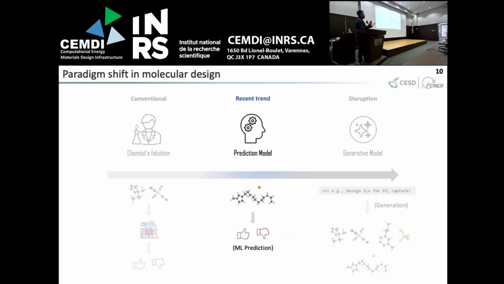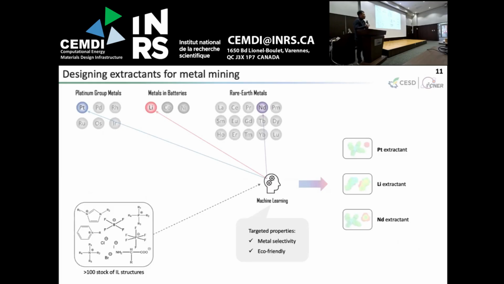So after I graduated, I saw the potential of machine learning to accelerate chemical design, especially for our target molecule, ionic liquids. Instead of working with just a few ionic liquid candidates, we designed more than 100 chemical structures that we believed would be very good for metal extraction.